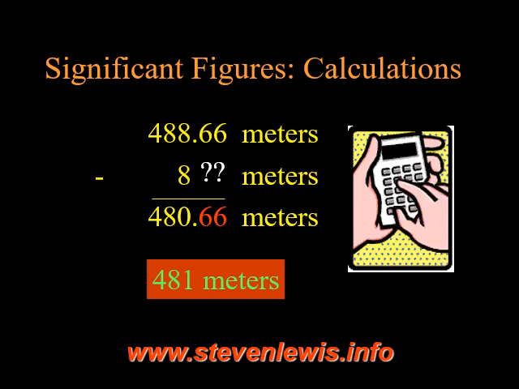We have no clue whatsoever since they weren't reported, which means we really have no confidence in those 2 digits to the right of the decimal in our calculated value. So what we'll do is we'll round up, since the digit immediately to the right of the decimal point is greater than 5. We report our remaining rope as 481 meters.